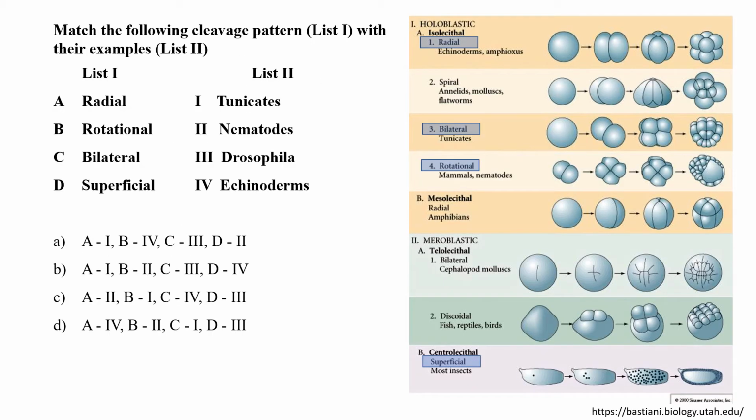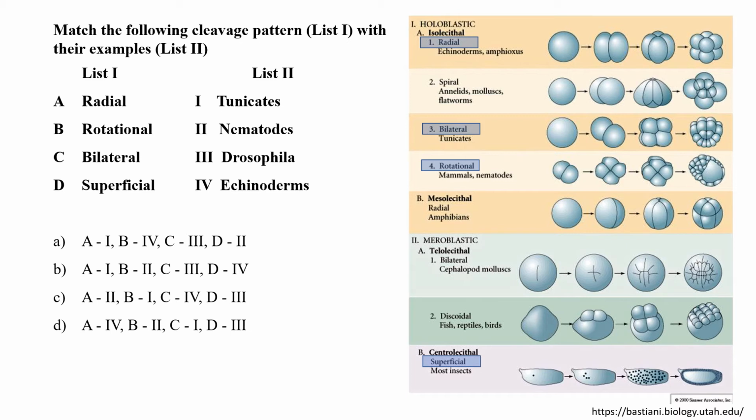The next question is, match the following cleavage patterns in list 1 with their examples in list 2. In this figure, you can see that there are several types of cleavage symmetries as seen in nature. The radial symmetry is found in echinoderms, amphibians. Spiral symmetry is found in annelids, mollusks. Bilateral symmetry is found in tunicates. Rotational symmetry is found in nematodes, mammals.